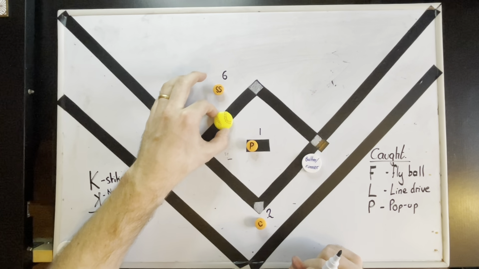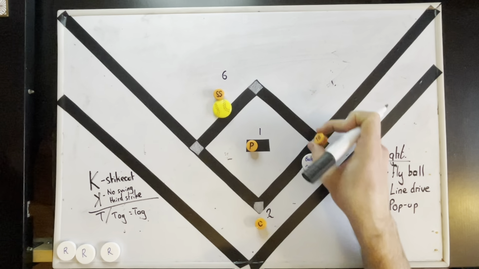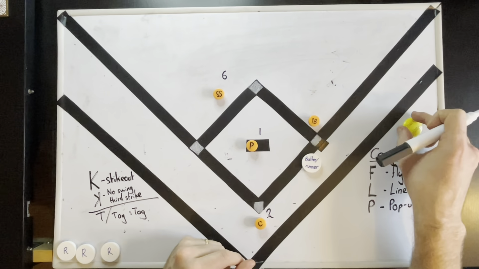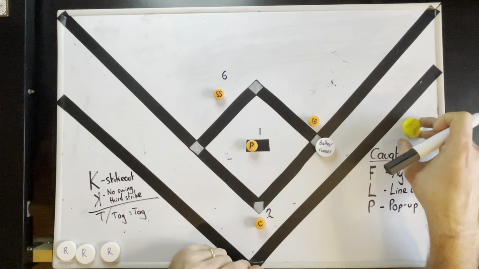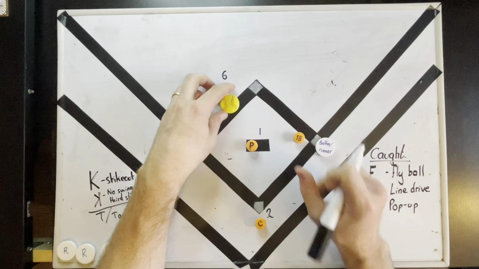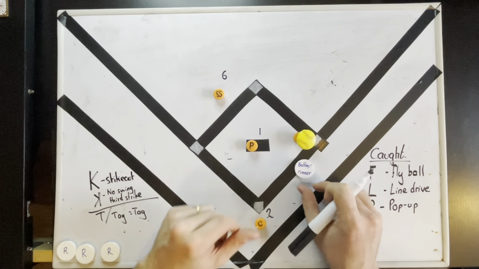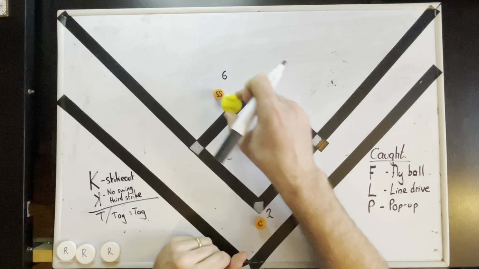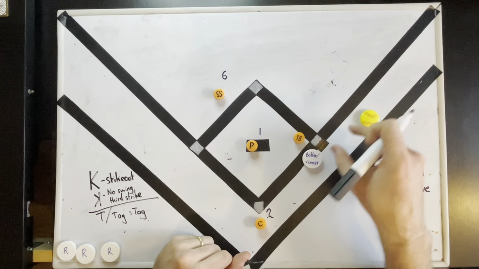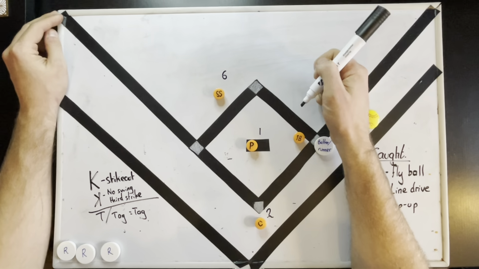If the shortstop catches the ball and throws it across to first base, but misses wildly, and in the opinion of the person scoring I would have been out if that throw had been accurate, then I get on because of that bad throw and it doesn't count as a hit.